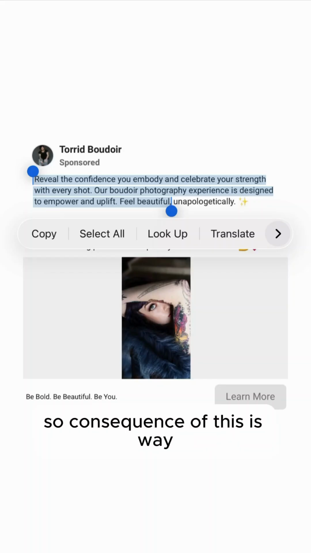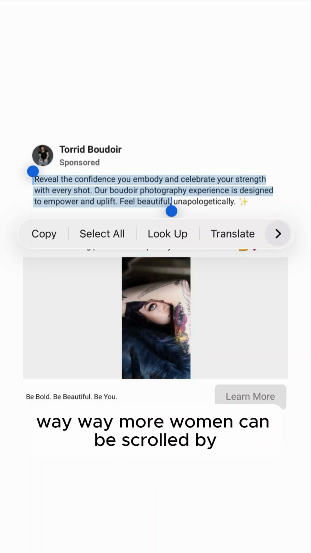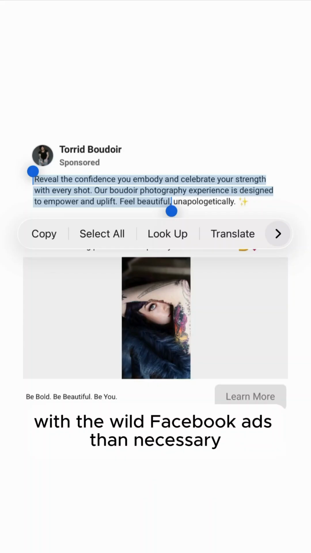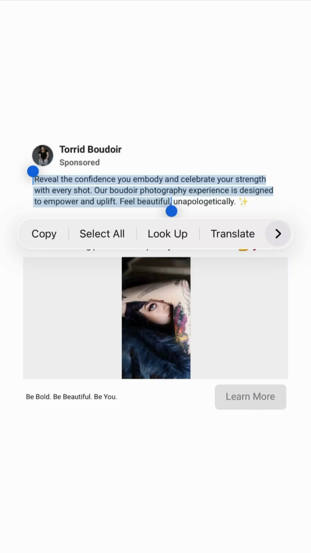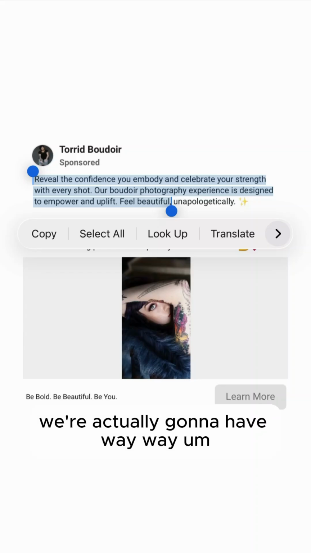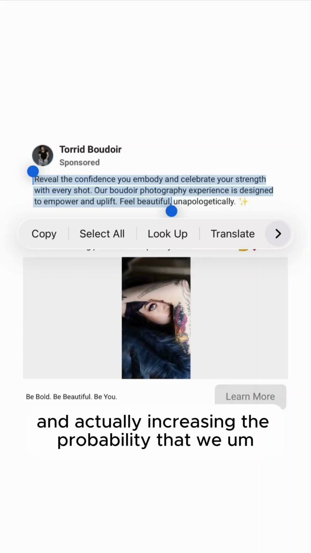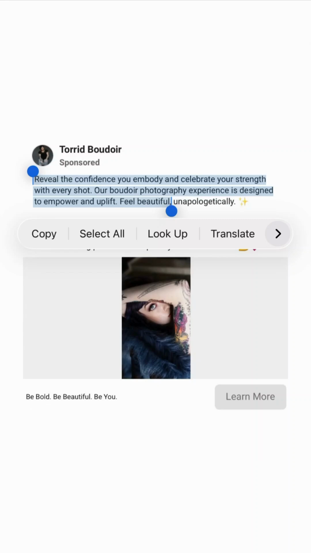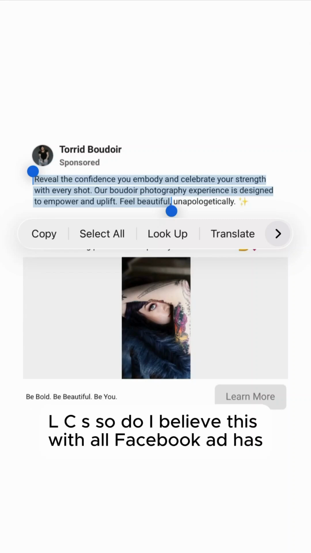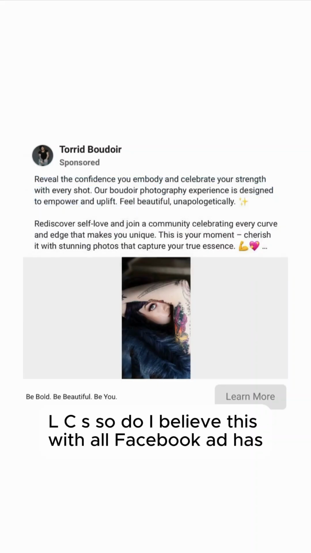So the consequence is way more women are going to be scrolling by our Boudoir Facebook ads than necessary. And as a result, it's going to be pulling our unique CTR under 6% and actually increasing the probability that we have BLCS.